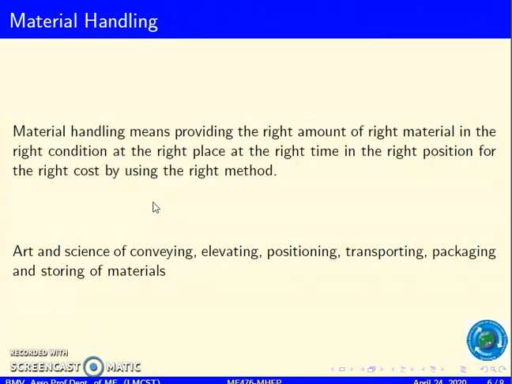Next is again material handling, which we have discussed. Material handling means providing the right amount of the right material in the right condition at the right place at the right time in the right position for the right cost by using the right method. Or it can also be defined as the art and science of conveying, elevating, positioning, transporting, packaging and storing of material.